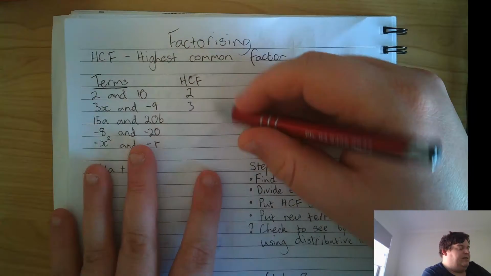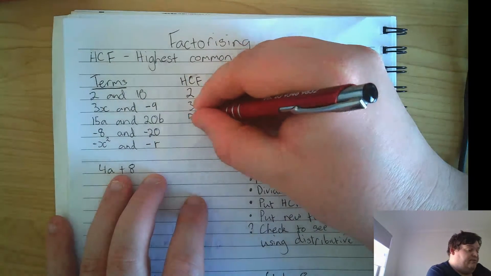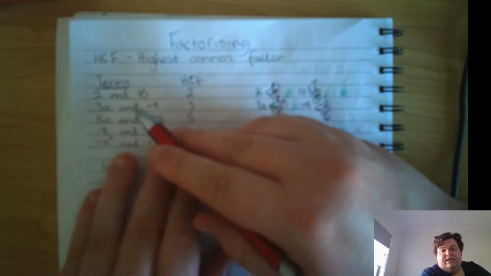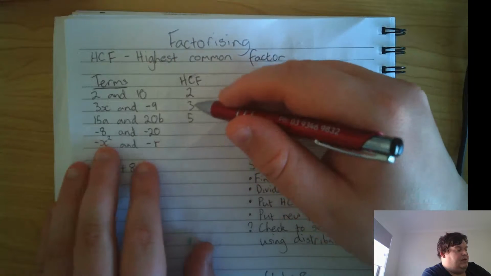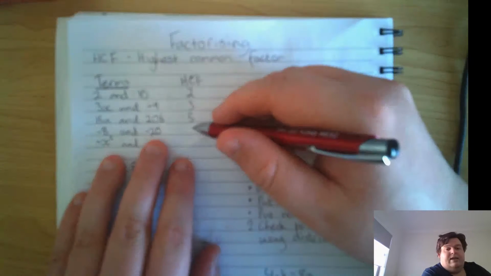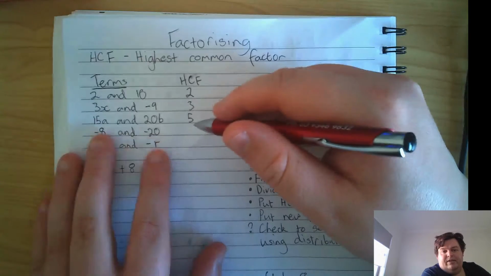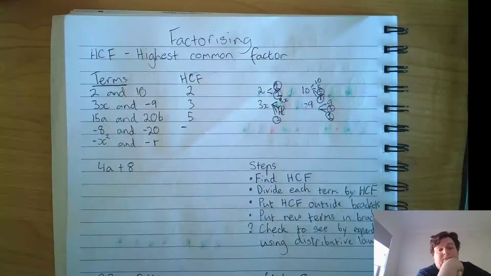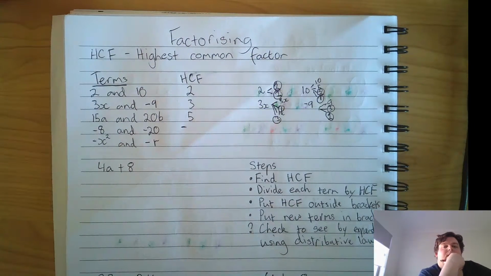15a and 20b, the highest common factor is 5. This 15 can be divided by 5 cleanly, and so can 20. This next one, negative 8 and negative 20, well, both of these are negative numbers, so my highest common factor is most likely to be a negative number as well. What do we have?